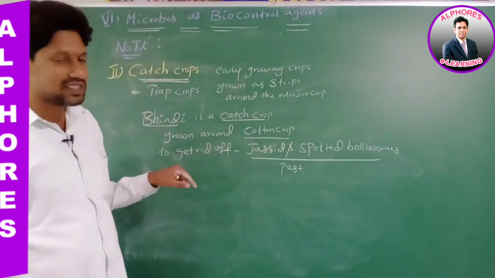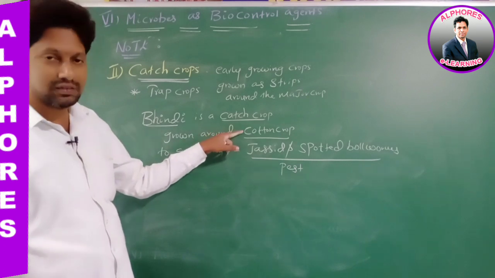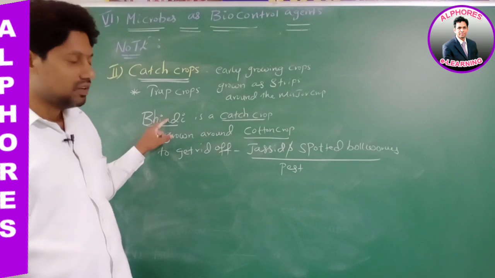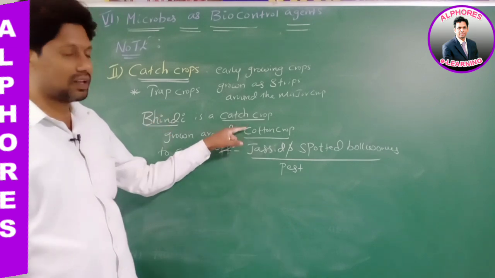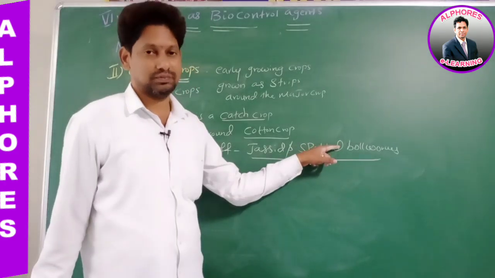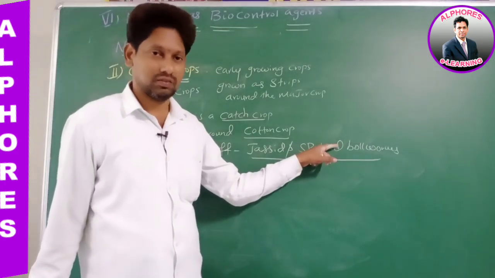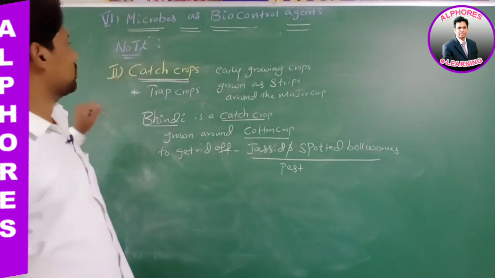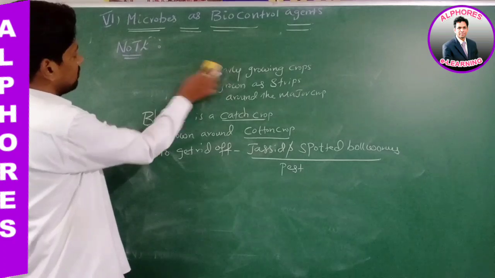In this case, the major crop is cotton, the catch crop is bendi, and the pests attacking the cotton plant are jassid and spotted bollworms. This is concerned with catch crops.